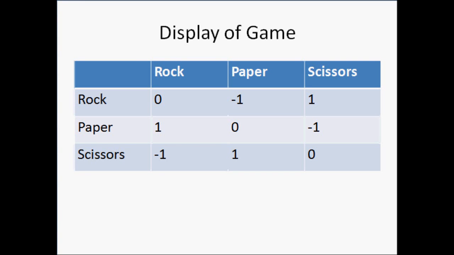I'm up 1, if that's the result. So the chart summarizes the score outcomes of all 9 possible combinations of moves in rock, paper, scissors. So that's how to display a game in simple game theory.